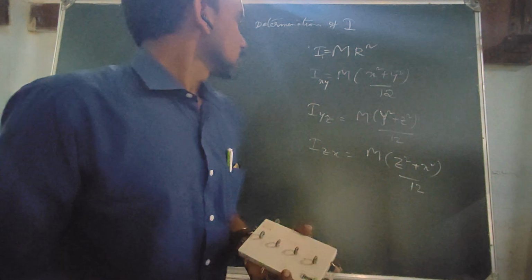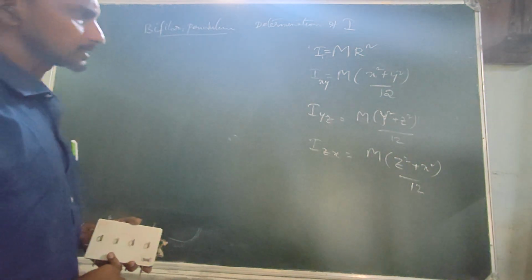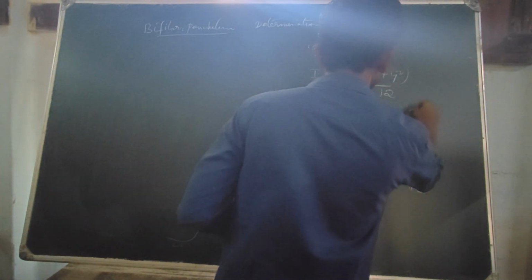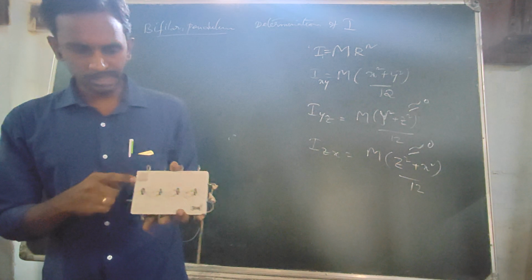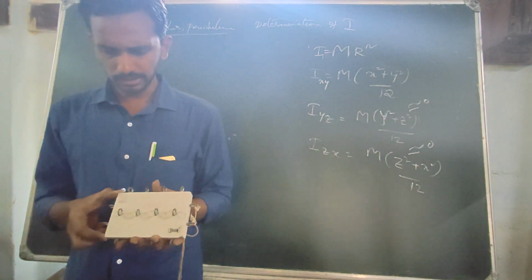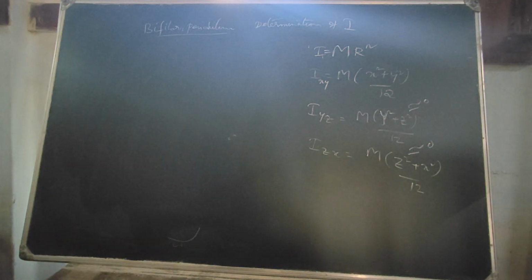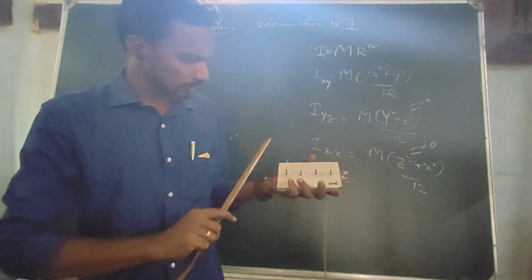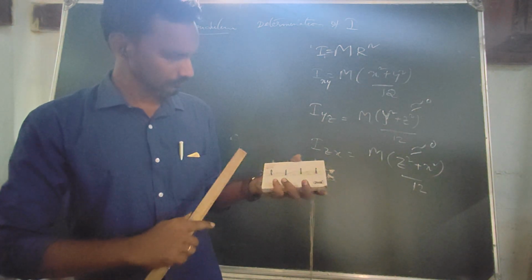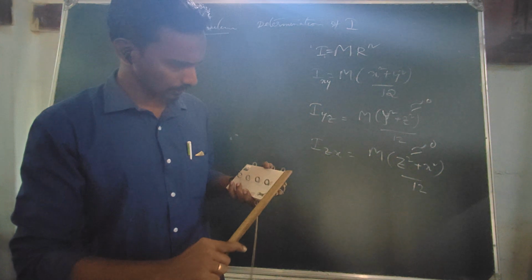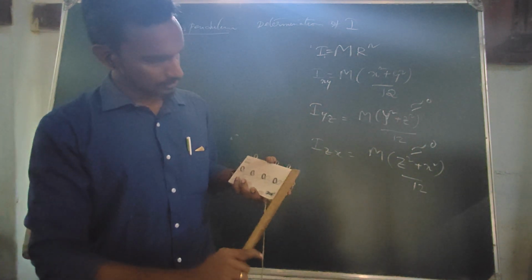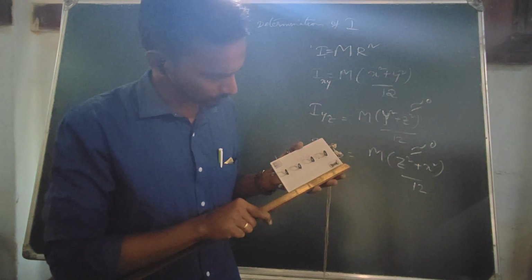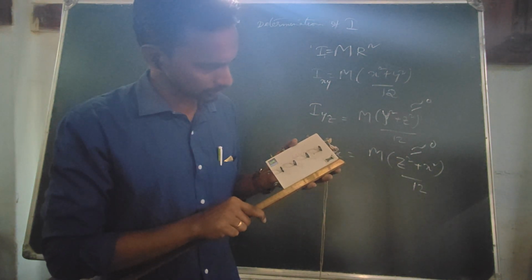Okay? So now we'll verify that. So here Z is negligible, right? So let's say the length of this slab is 14 centimeters.